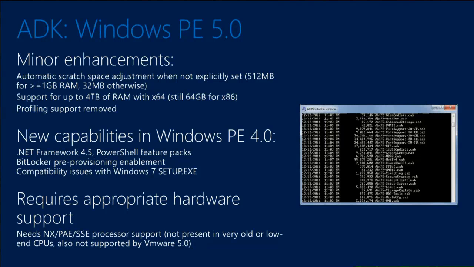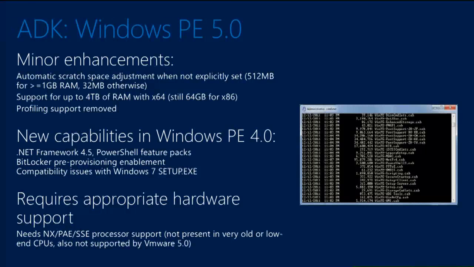Those are the types of changes being made behind the scenes in MDT and Config Manager to make sure that it can still add .NET and PowerShell into the boot images. It will include the latest version of PowerShell, the latest version of .NET as part of the ADK kit, just like the operating system 8.1 will have. But they're basically incremental updates to PowerShell and the .NET framework.